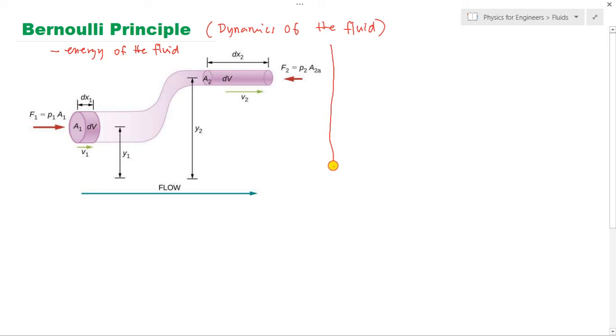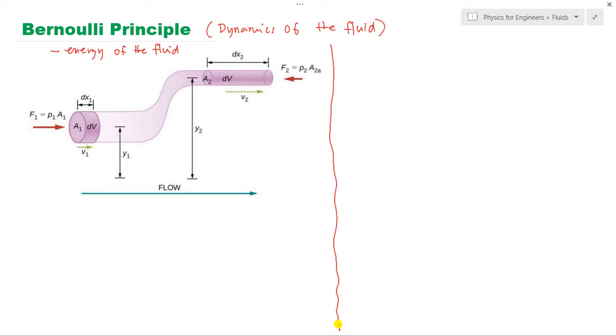Again, Bernoulli is used to analyze a fluid that is in motion, because we can get the properties of the fluid from a particular position or a particular state.